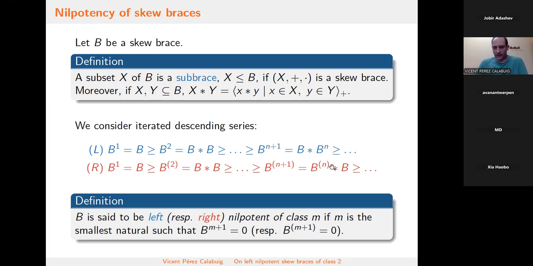And what about if we iterate the star product of B on the right? So similarly, we obtain also a descending series of subbraces, which is called the right series of B. And therefore, a skew brace is said to be left, respectively, right nilpotent of class m if m is the latest non-zero term of the left, respectively, right series of B. Okay, so let's see a couple of examples.